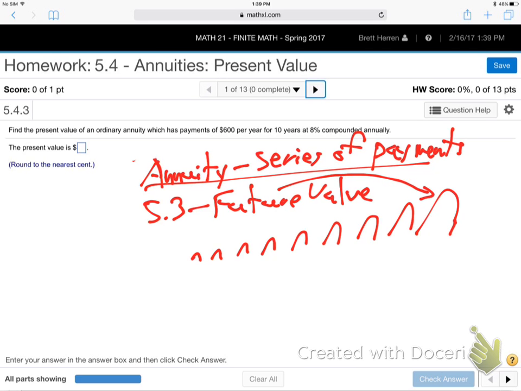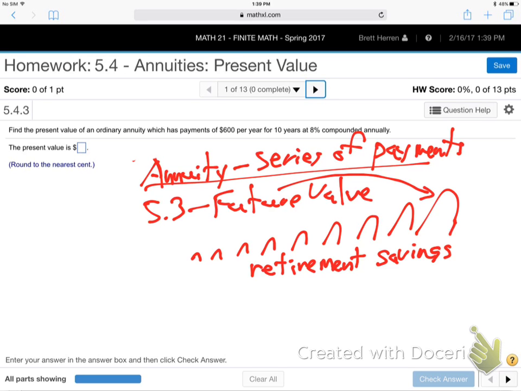Storing retirement savings is the best example. Or saving for college or vacation. Anytime you're saving up your money, that's what we just finished last time. 5.3, future value. You're trying to build up a pile for later. You want a future pile, future value of annuity.